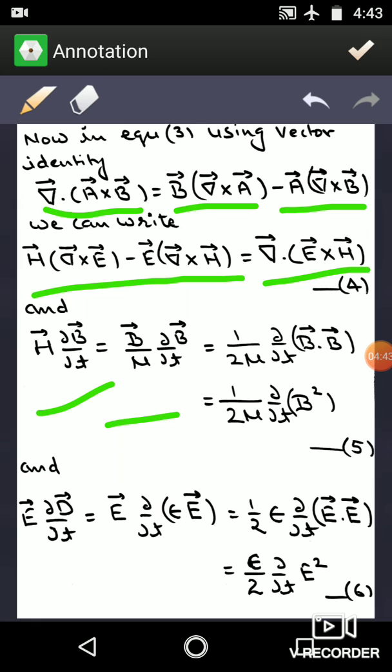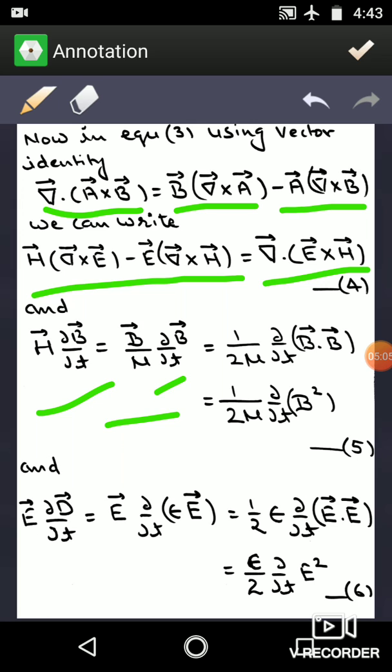Also, two terms, one is H dot del B upon del t, can be converted as shown in this page. Here I have written H is equivalent to B upon mu, and del B upon del t continues.